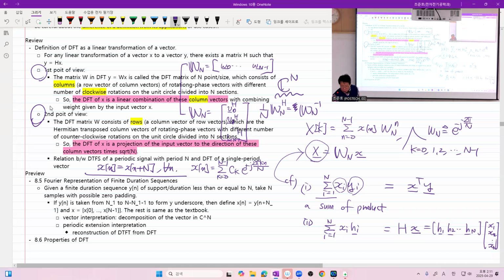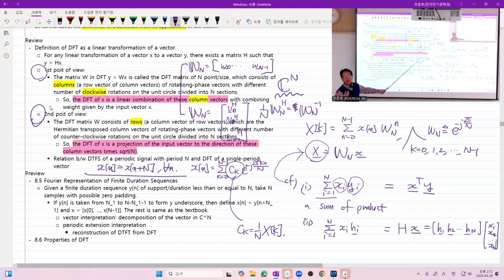I told you that Ck is nothing but 1 over N times Xk. So directly performing DFT on your single period, you have the Fourier series coefficients, which need to be scaled.